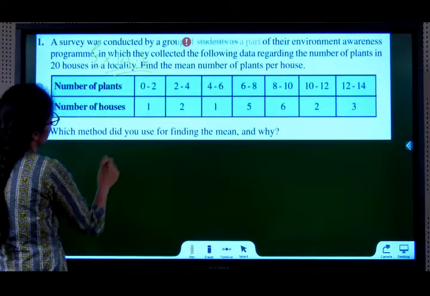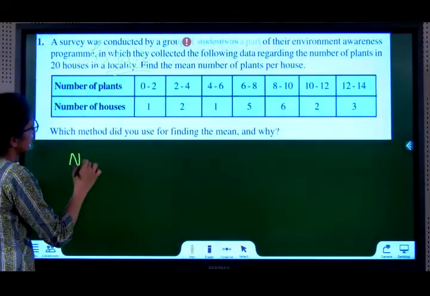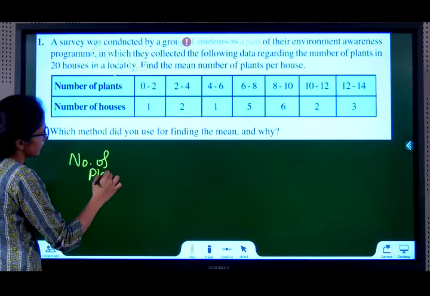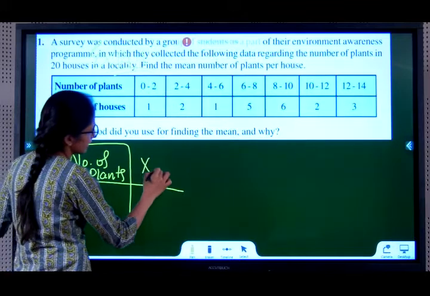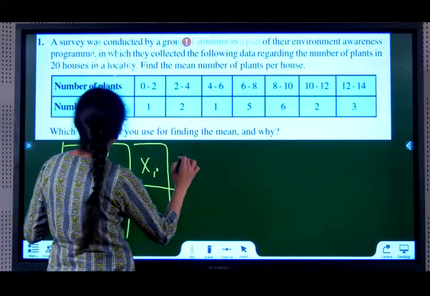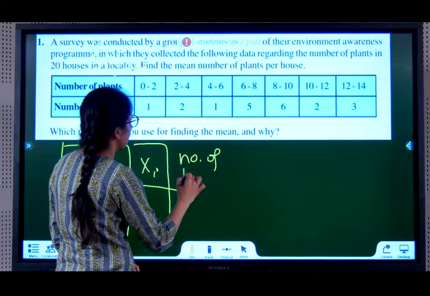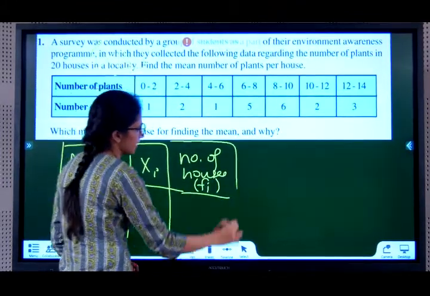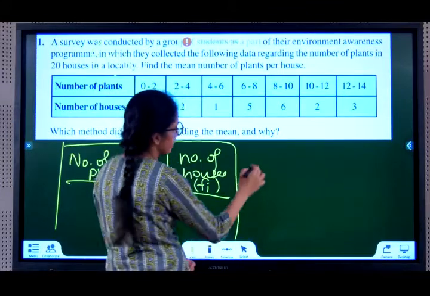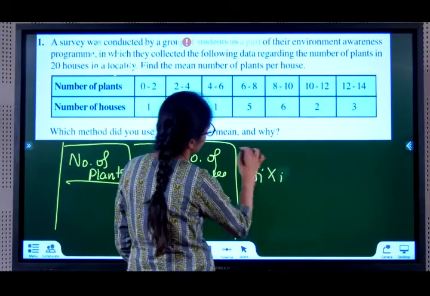So start forming your table. What will be the first column? Put number of plants as the first column. Then you have xi as the class mark, second column. Frequency is nothing but number of houses, which is nothing but fi. Please write like this. Then what's your fourth column? fi into xi.